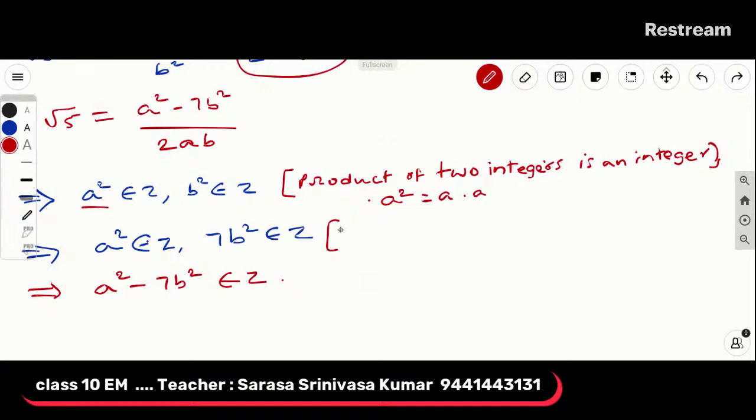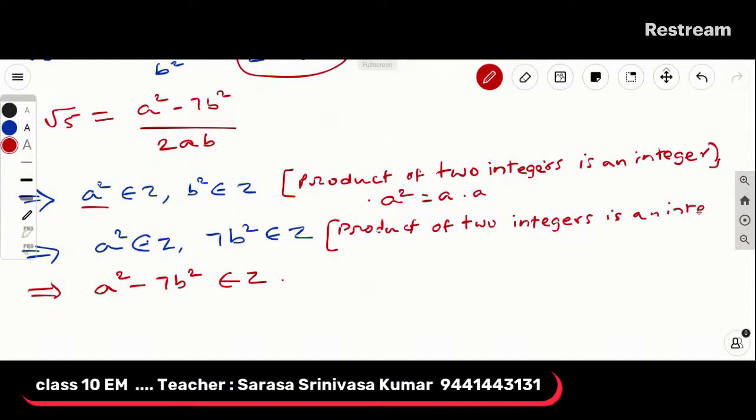The same rule is applicable: the product of two integers is again an integer.